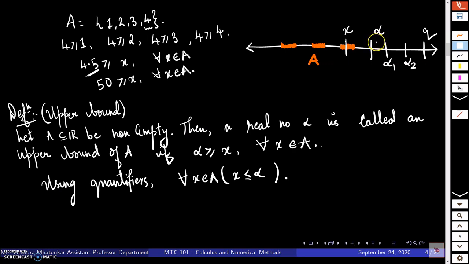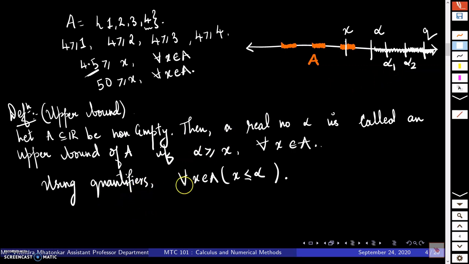So if a set has one upper bound, it is going to have infinitely many upper bounds, because after alpha there are infinitely many real numbers on the number line. Is it clear? So an upper bound need not be unique. If a set has one upper bound, it will have infinitely many upper bounds.